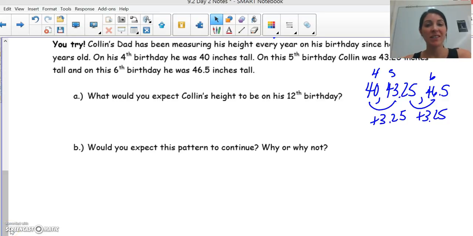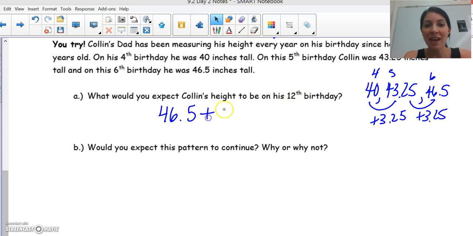So maybe some of you did different things to find the height on the 12th birthday. I'm going to show you a little trick that I would probably use on this one. So I know that every year he grows 3.25 inches. And I know on his 6th birthday he was 46.5 inches tall. So I'm actually going to start with that 46.5 and think to get to his 12th birthday, that's 6 more years.